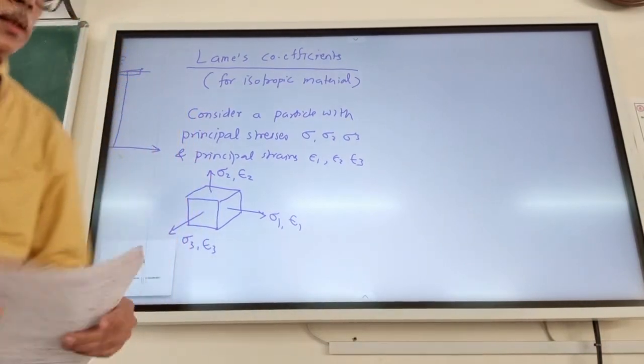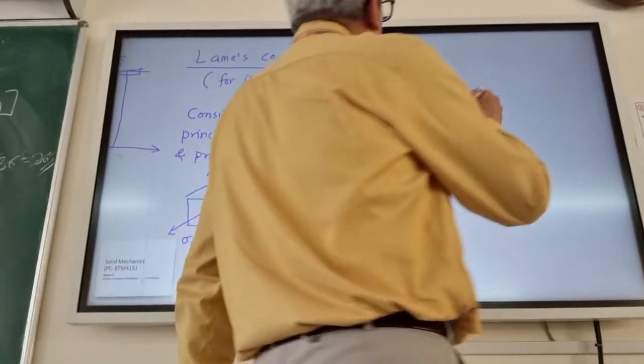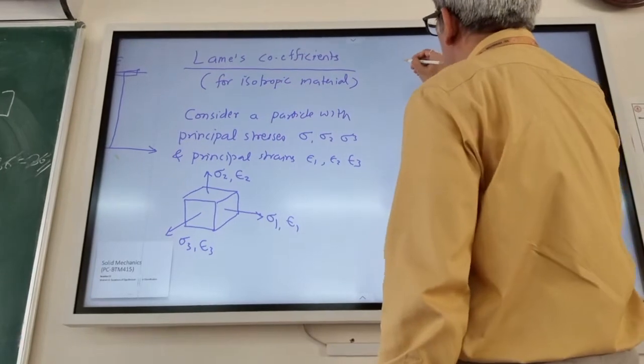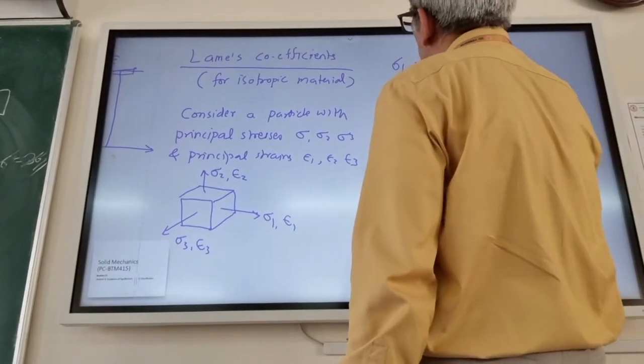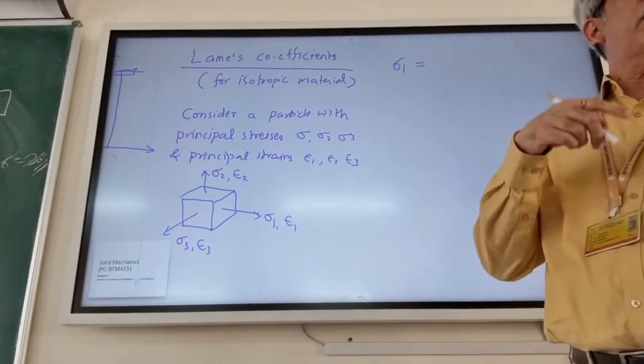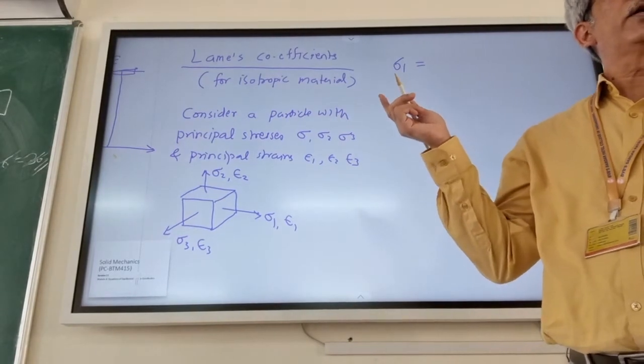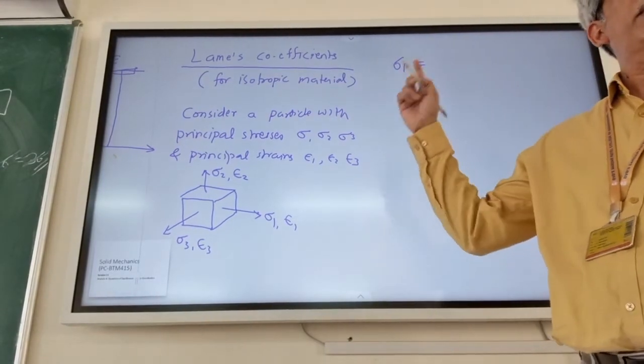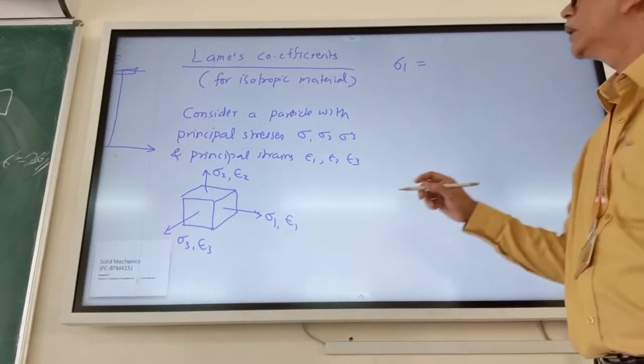So in this particular case, sigma 1 can be written through the constitutive equations in terms of epsilon 1, epsilon 2 and epsilon 3.